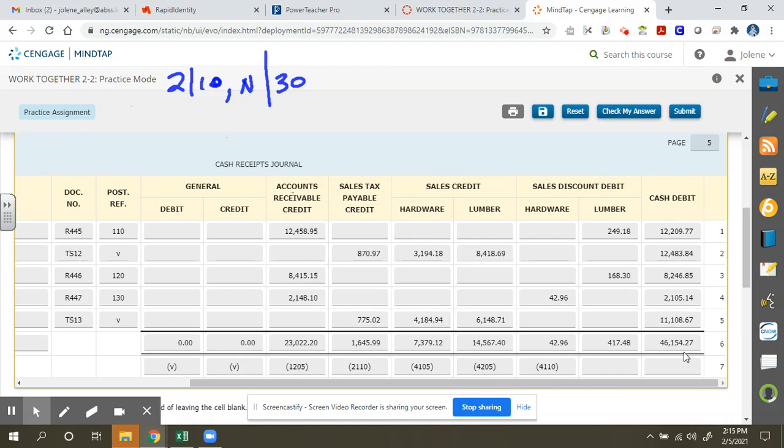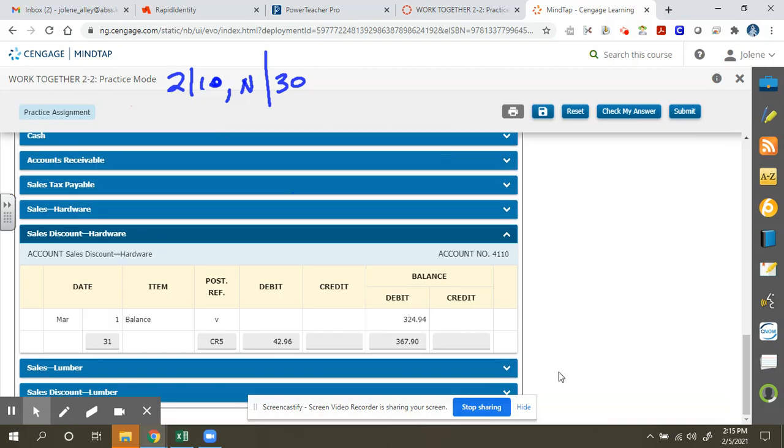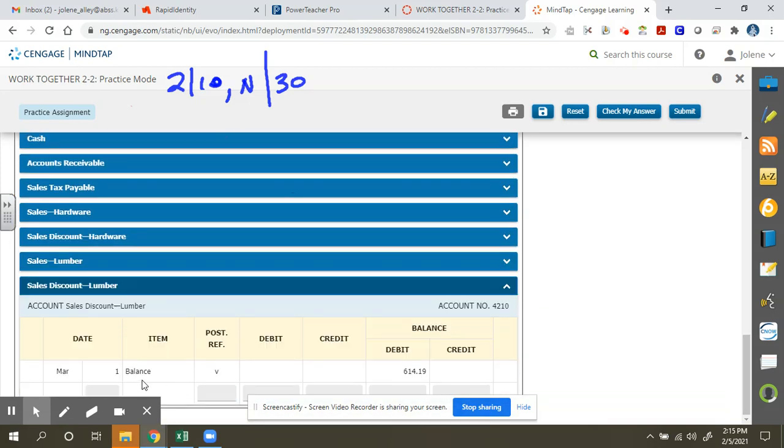Hold on, we're almost there, folks. Now we got to go to lumber. Lumber discount debit. Okay? Lumber sales discount debit for lumber. And that's this very bottom one here. Debit 417.48.